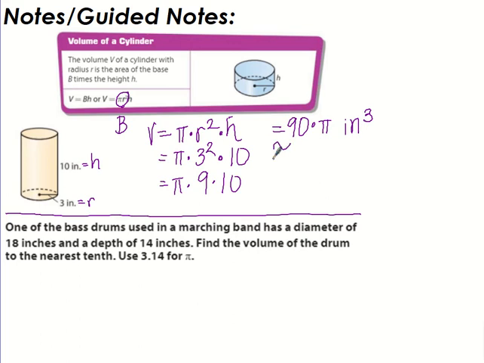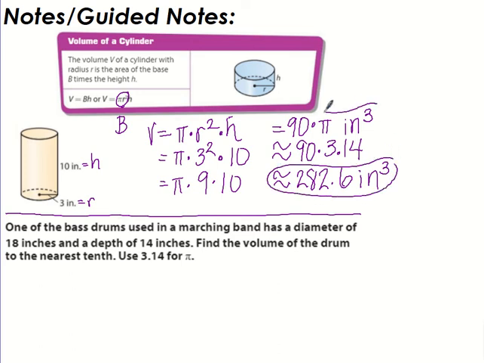So we're going to go about 90 times 3.14. Remember, the about is because 3.14 is an estimate of pi. So this is approximately 282.6 inches cubed.